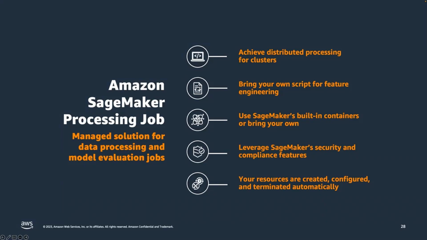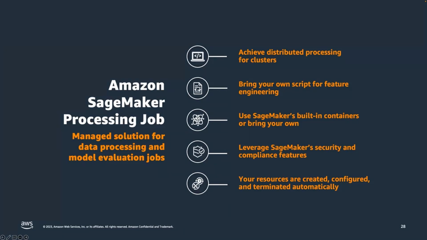This parallel processing would be for regular Python scripts that you would be processing. You can bring your own scripts for feature engineering and choose if you want to use the built-in containers provided by AWS, or bring your own containers if you have specific processing that you want to do.